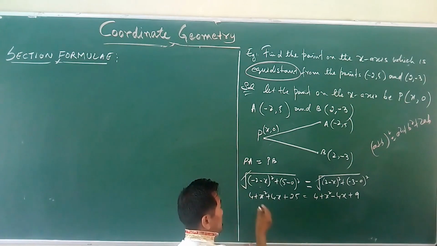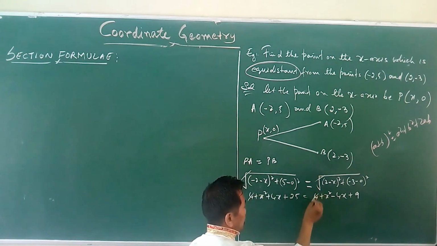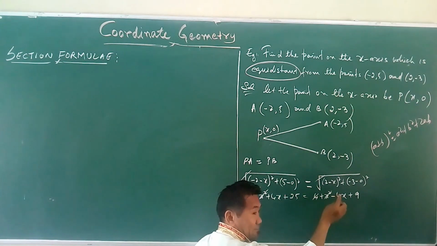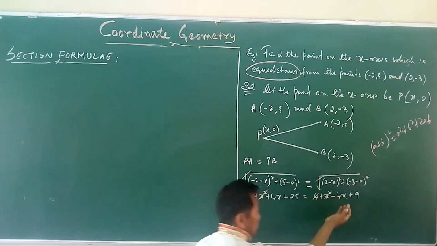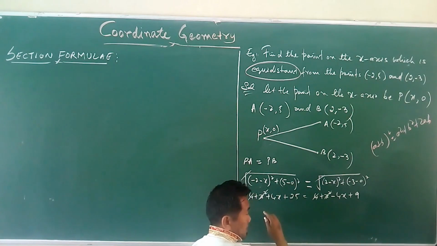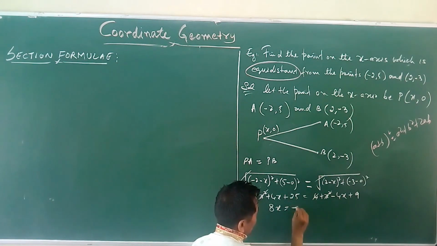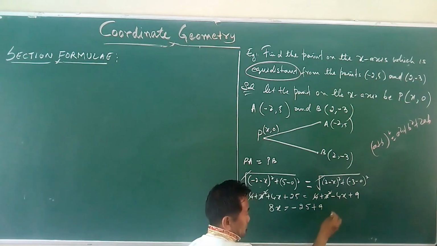The x square and x square cancel, and 4 and 4 are the same. What is left is 4x with a positive sign and minus 4x with a negative sign, so it becomes 8x, which is equal to 25 plus 9.